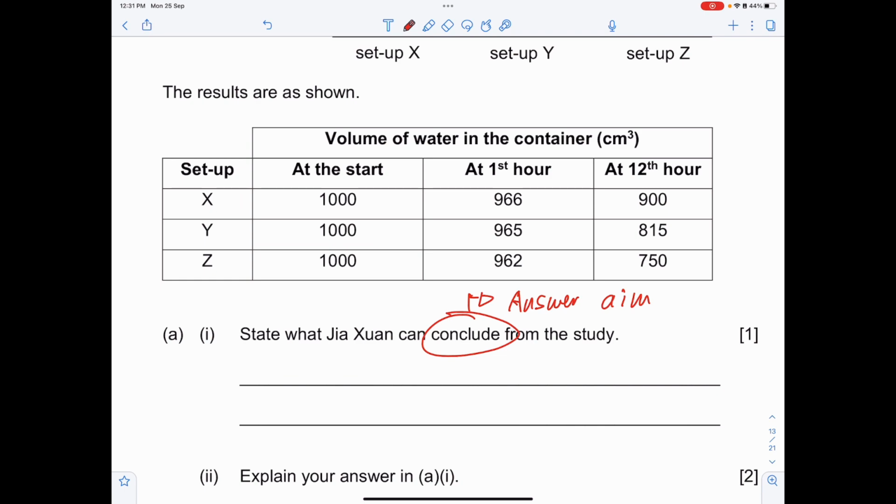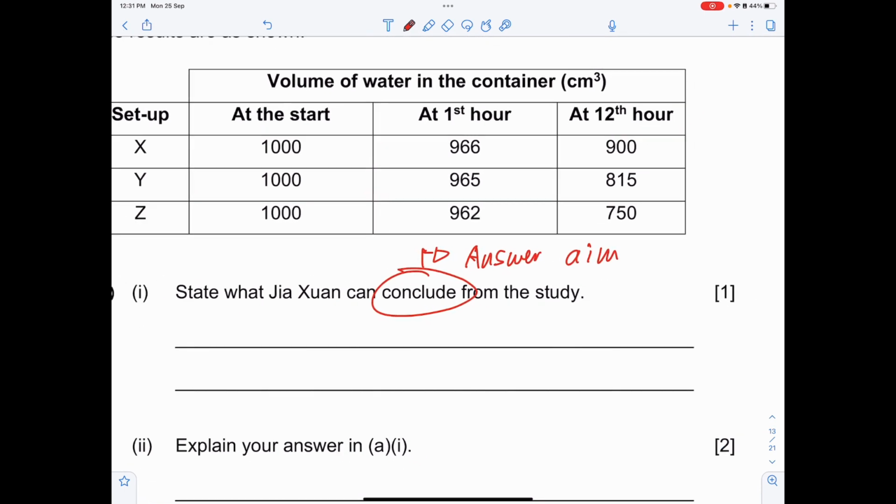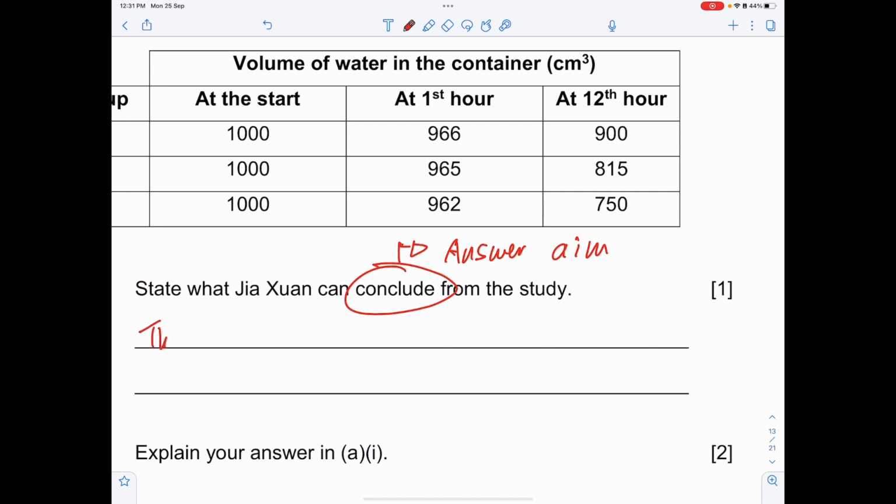The block in setup Z absorbs the most amount of water.